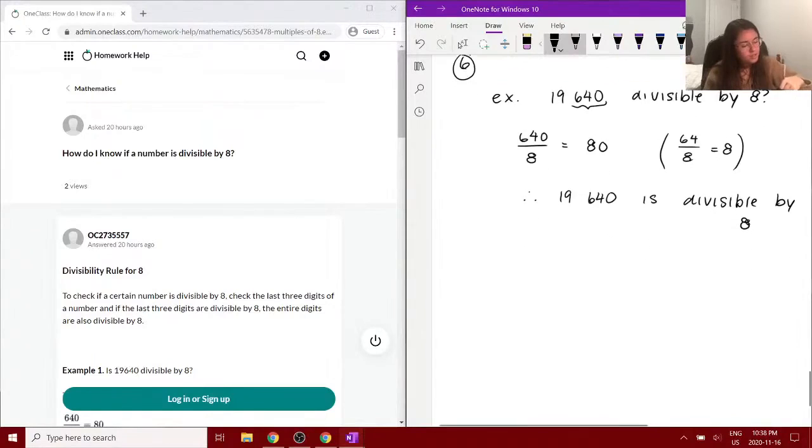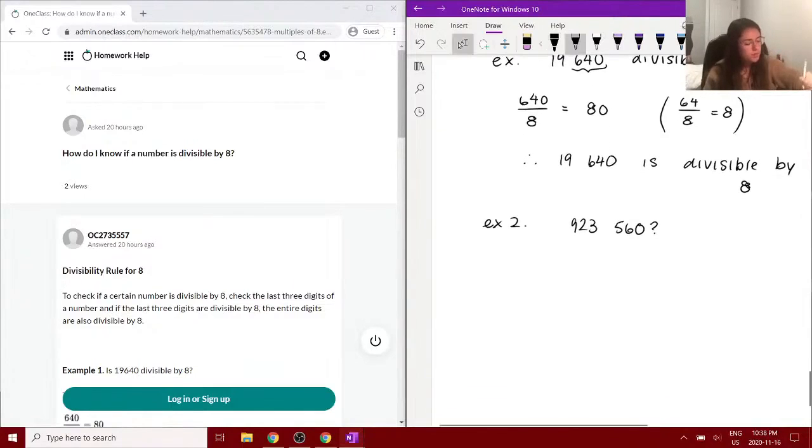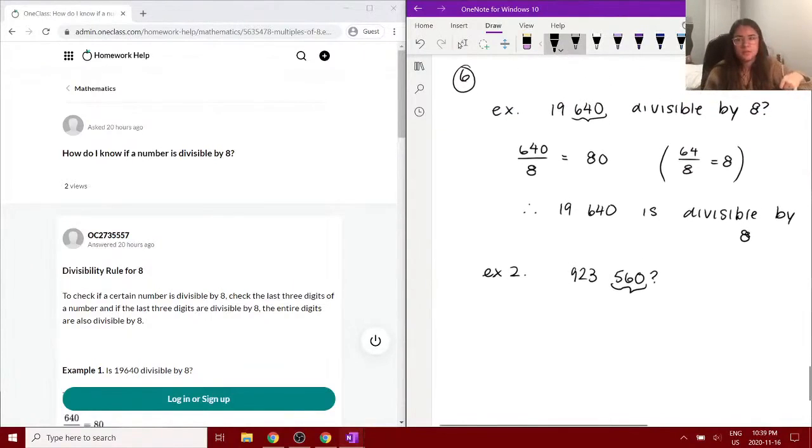Okay, let's look at another example. If we have our second example here of 923,560. We're wondering if that is also divisible by 8. Well, remember, take the last 3 digits. I'm cutting off this first example, but we're just doing the same thing. So 560 are the last 3 digits, and we can check if that's divisible by 8.